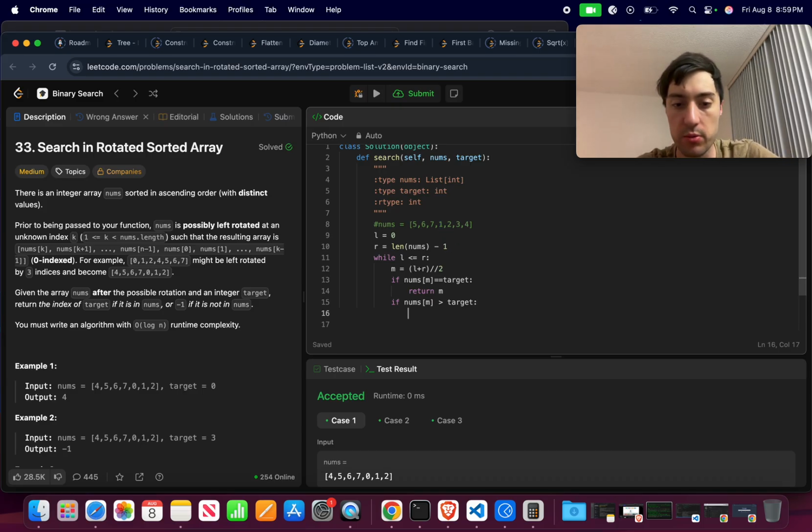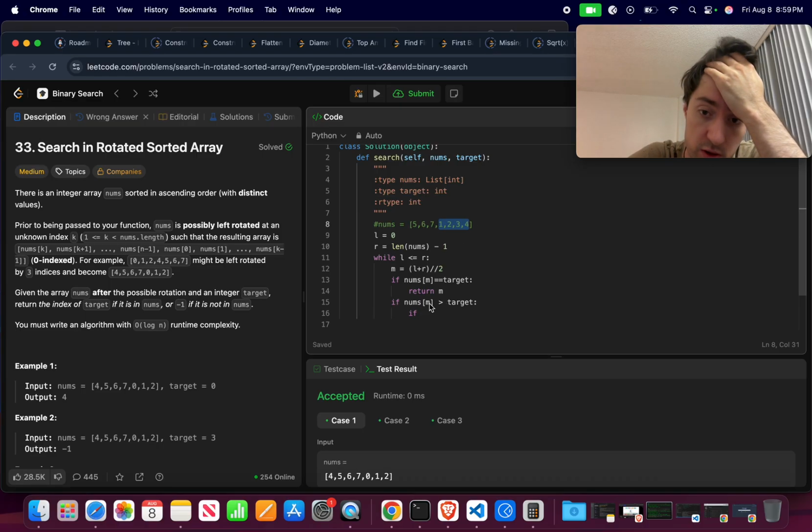Well, the first thing I want to do is find where the pivot is. So m is too big, and I would normally want to throw away all of this, except if the pivot occurred here.